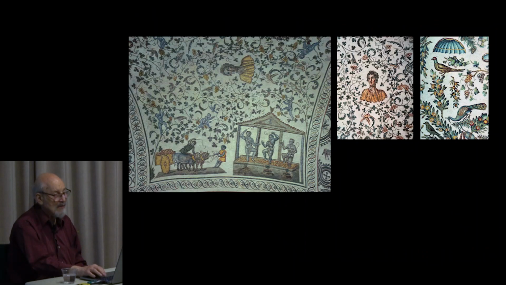I love this one here on the left, which shows a cart pulled by oxen bringing in a load of grapes, and then there are some very joyful people dancing on the grapes to squeeze out the juice. And that is a point to remind me that the art in early Christian churches was generally joyful.